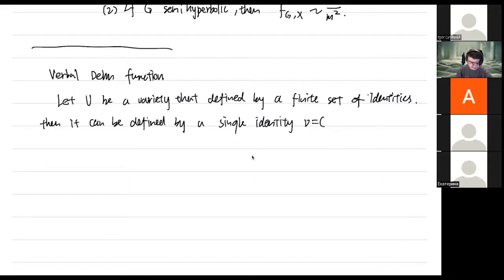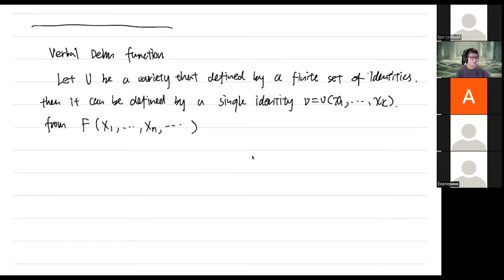Let's call it V, where V is a word in x1 to xk from the free group of infinite rank. This is a free group of infinite rank, and the generators are just the x_i. So that's what we want.